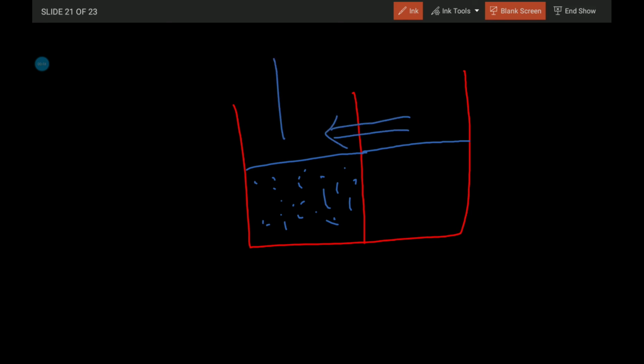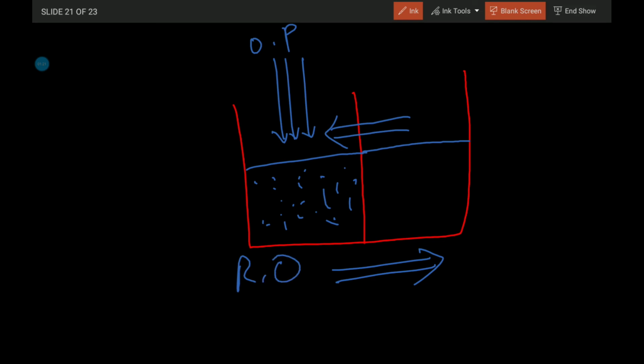The pressure exerted in the left container just to stop the osmosis process is something known as the osmotic pressure, or OP. Quite interesting. And reverse osmosis, on the other hand, is when the pressure exerted on the left side of the container rises and is more than the osmotic pressure, then the water starts to flow to the right side. This is known as reverse osmosis, or RO.